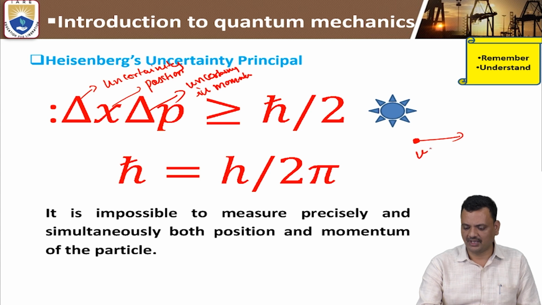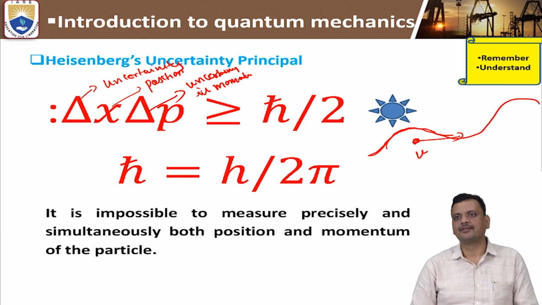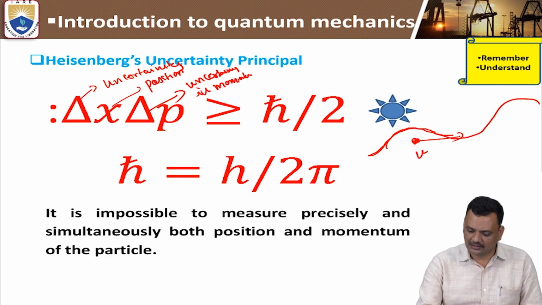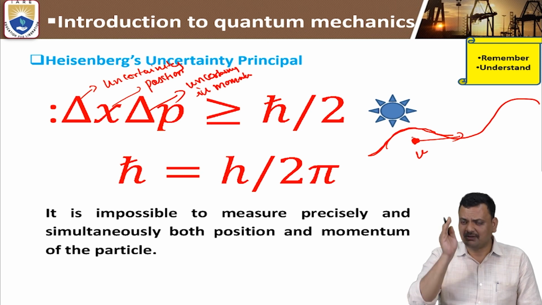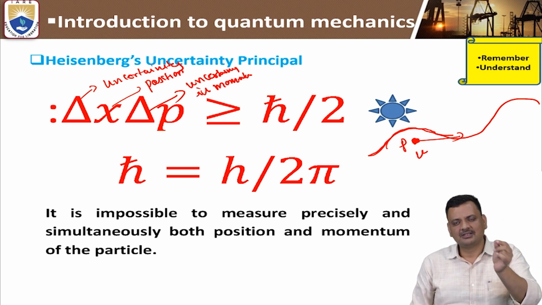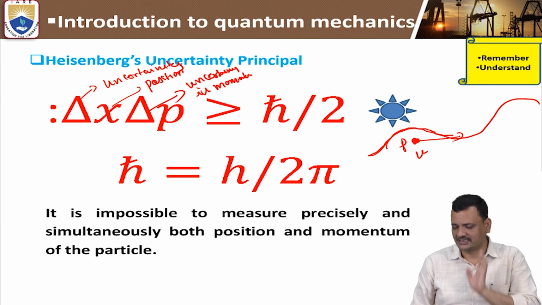moving with velocity v. So if that particle is in motion, then there must be one wave associated with that particle. So if you find the precise position of this particle, then you can't measure with the same precision the momentum of the particle at the same time.